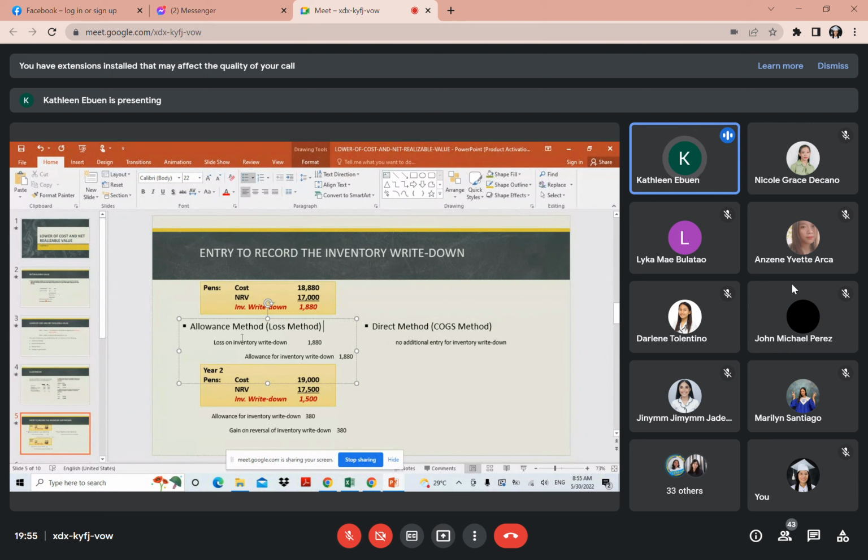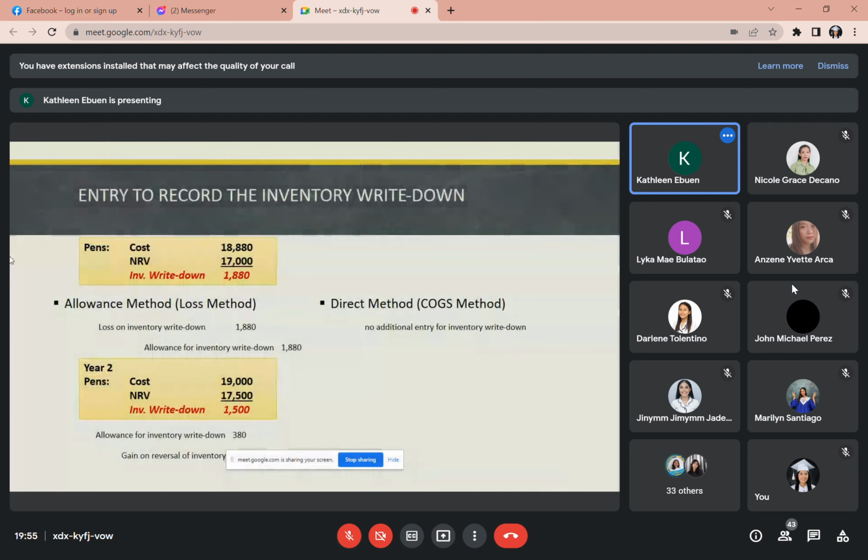So the first one po is the allowance method or yung tinatawag nating loss method. Dito class gagamit tayo ng account na loss on inventory write-down, 1,880. So ito po ay magre-reflect sa inyong income statement. Ia-add po natin ito sa cost of goods sold, no? So si cost of goods sold, siya yung mag-a-assume ng inventory write-down, 1,880.